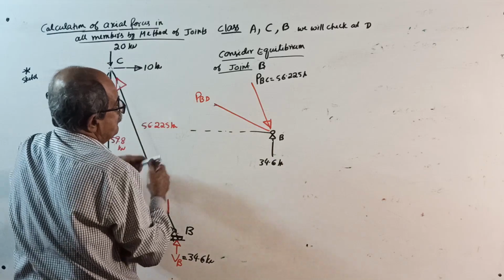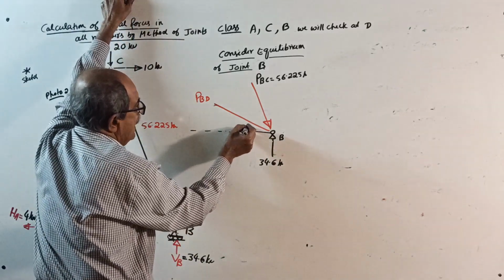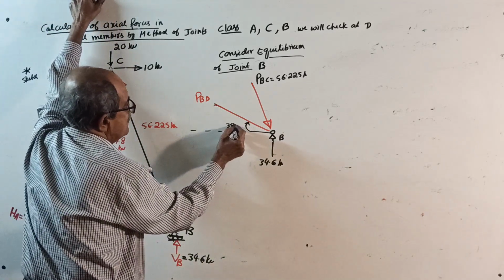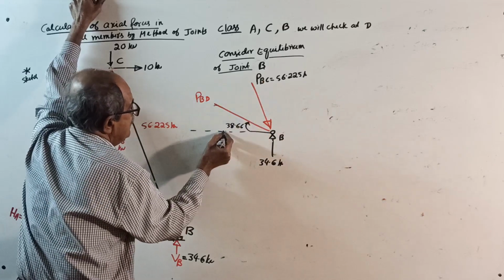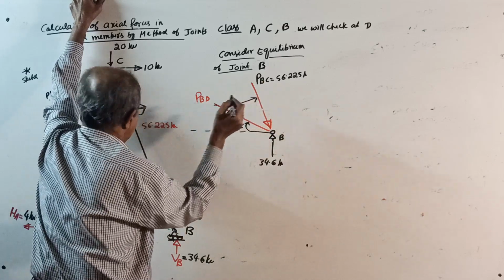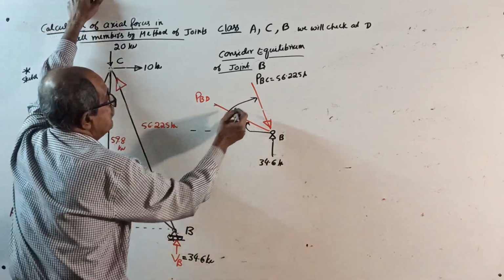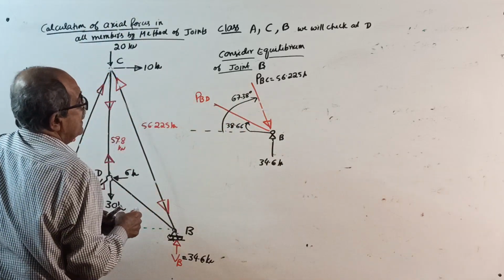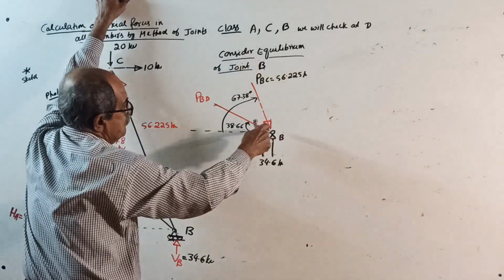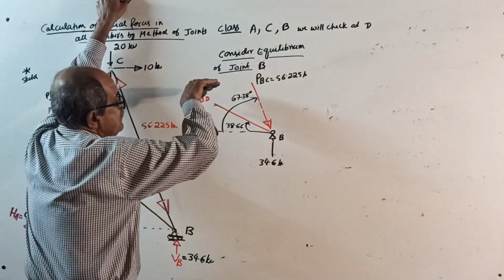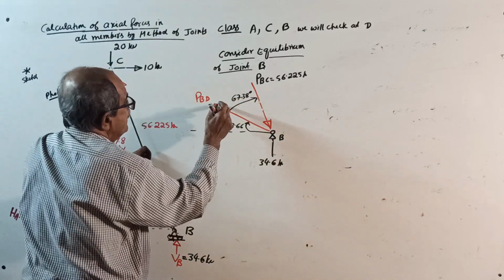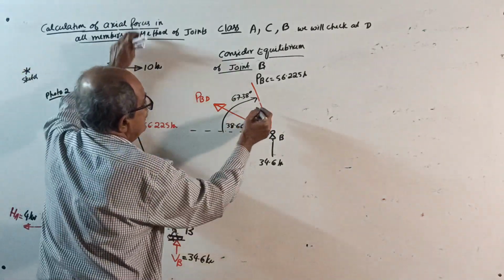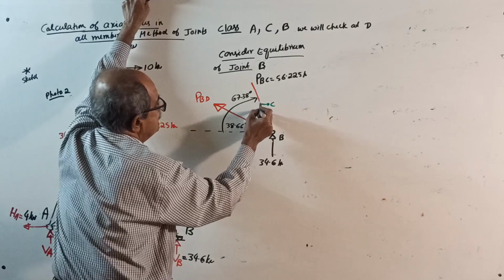For PBD, this angle is 38.66. For this member, this angle is 67.38 degrees. Horizontally, this is right side, so this should be left side, guaranteed. If you resolve here later, not now, cos, sine.